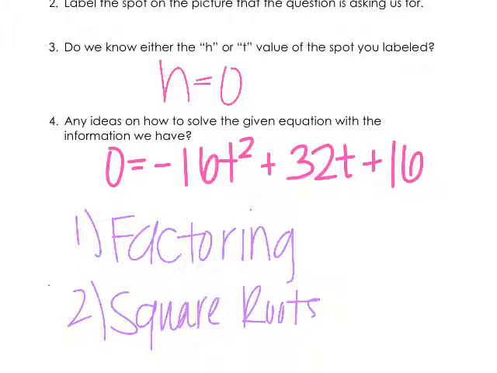That wouldn't really work because I've never dealt with a negative t squared. If I took out a negative 16 as my GCF, I would be left with t squared minus 2t minus 1. That too would not work. So factoring doesn't work. Square roots doesn't work. So we have to have a new method.